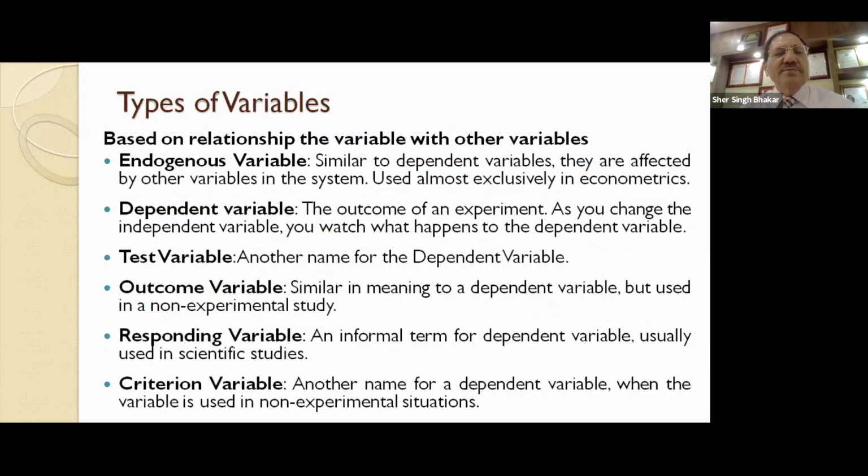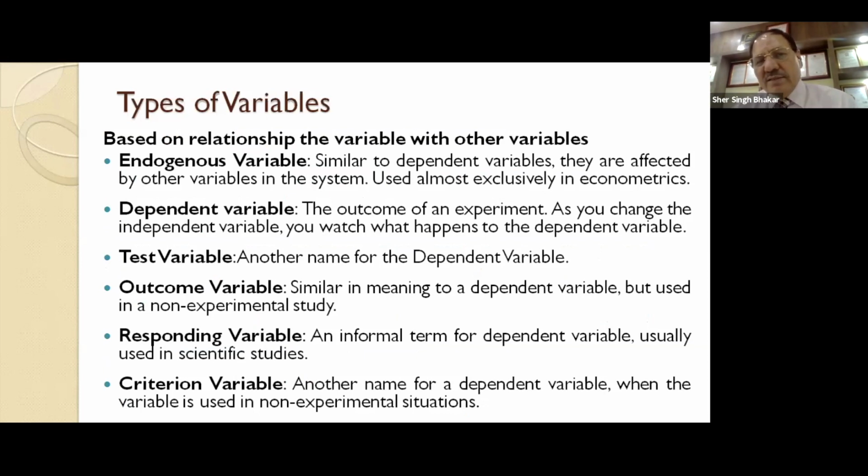There are some more based on relationship. Endogenous is again used in structural equation modeling and EViews. EViews software uses it, and the software that computes or works on the structural equation modeling technique all use this term endogenous variable for the dependent variable.